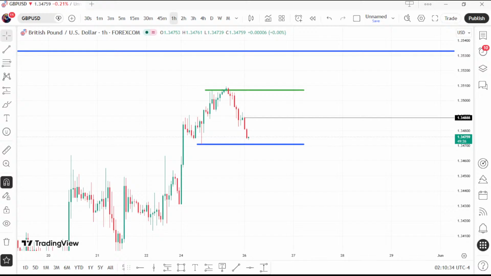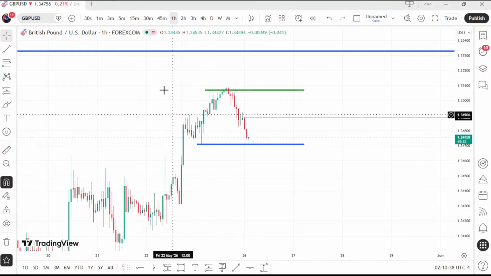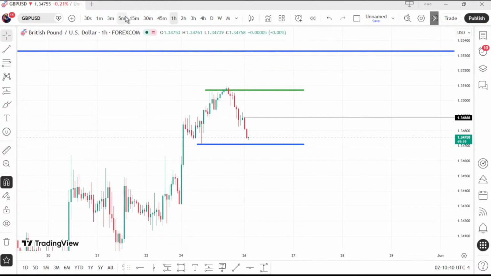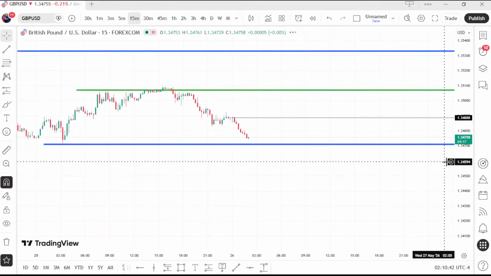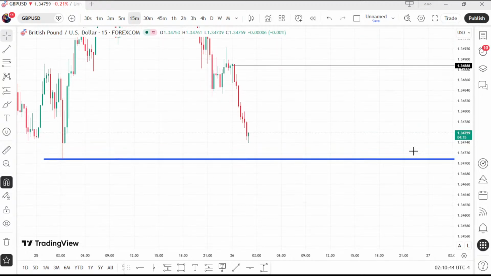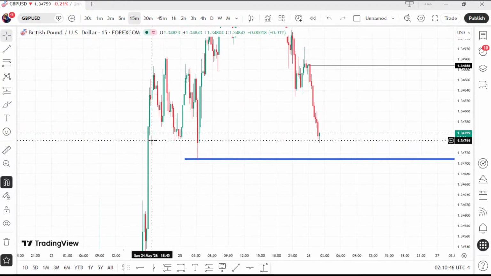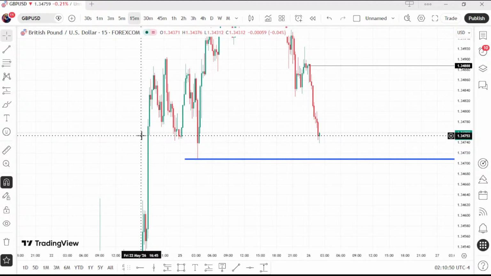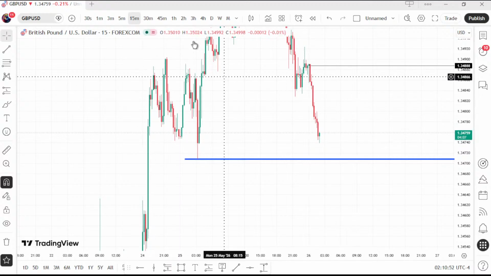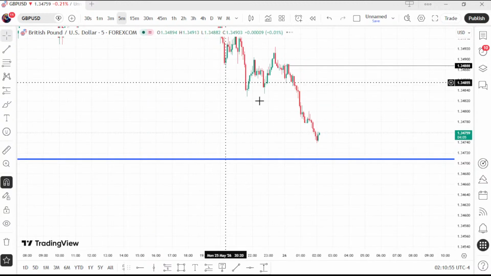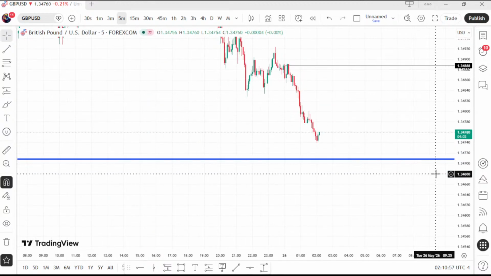Then what are you looking for again? Now you see there, it's the hourly, dropping down to the 15-minute. There is no, but it's inside that fair value gap. You see, it just touched it, then looking for higher prices, and you're also below the midnight opening price.